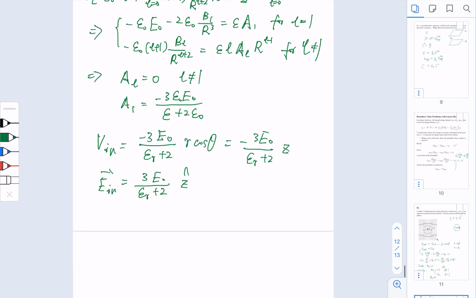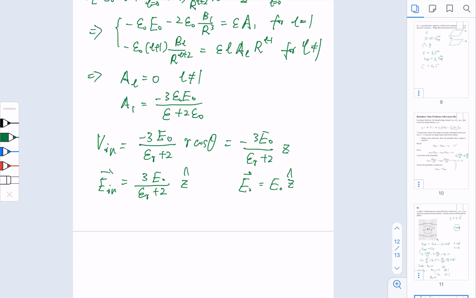So remember that the outside original E should be E naught along the z direction.